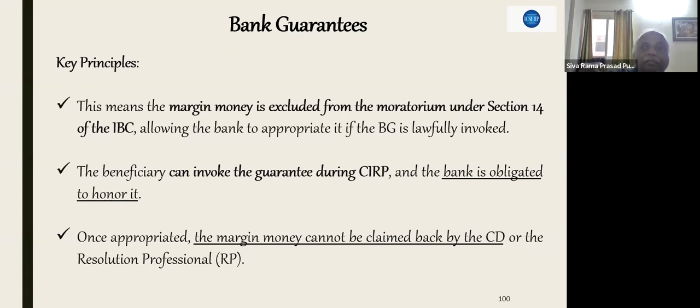Once appropriated, the margin money cannot be claimed back by the corporate debtor or the resolution professional. Once appropriated, that is, a 100 crores loan created, 25 crores credited, the margin money, the resolution professional should not touch, and the corporate debtor also should not touch the margin money.